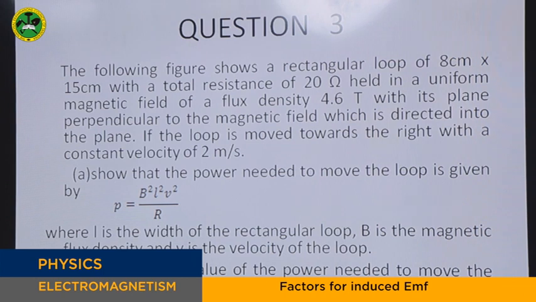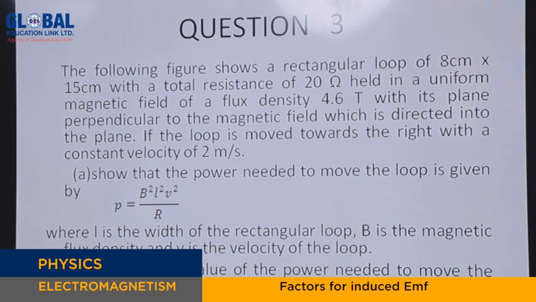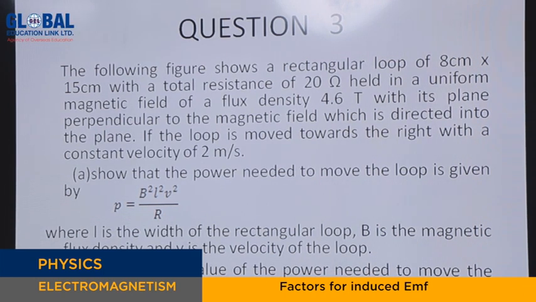If the loop is moved towards the right with a constant velocity of 2 meters per second, A, show that the power needed to move the loop is given by B squared L squared V squared over R, where L is the width of the rectangular loop, B is the magnetic flux density and V is the velocity of the loop. Part B, compute the value of the power needed to move the loop.